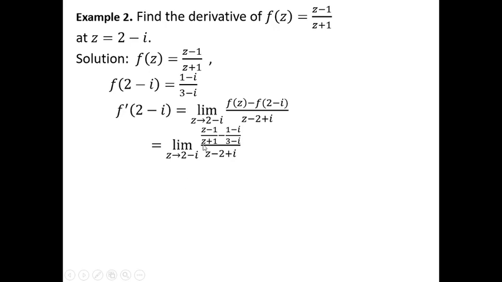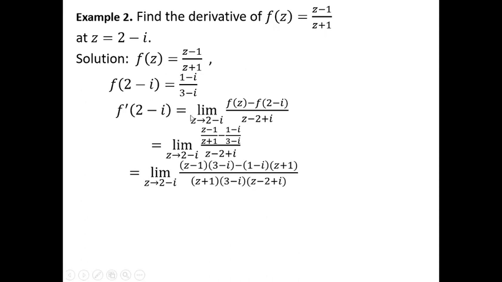Here the LCM is (z plus 1) and (3 minus i). Take the LCM, then multiply, we get [(z minus 1)(3 minus i) minus (1 minus i)(z plus 1)] divided by [(z plus 1)(3 minus i)(z minus 2 plus i)]. Now simplify the numerator.